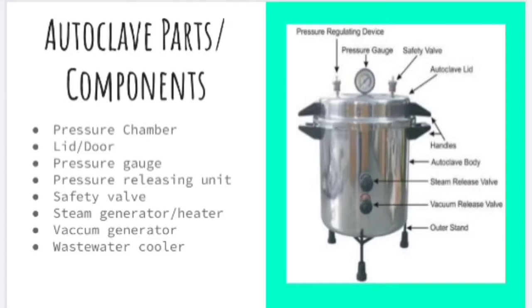There are different parts or components of an autoclave. Those are as first, pressure chamber. The pressure chamber is the main component of a steam autoclave consisting of an inner chamber and an outer jacket. The inner chamber is made of stainless steel or gunmetal which is present inside the outer chamber made of an iron case.